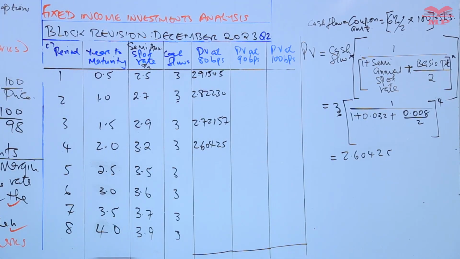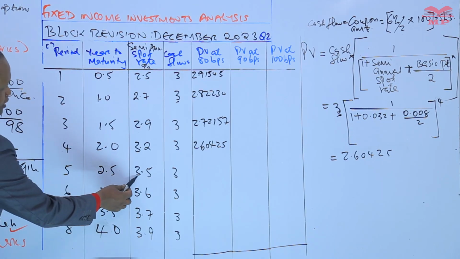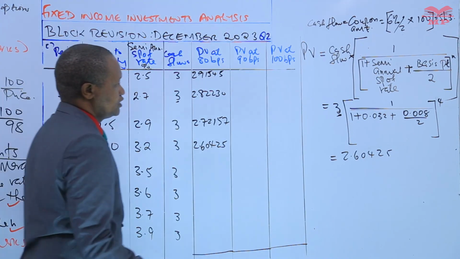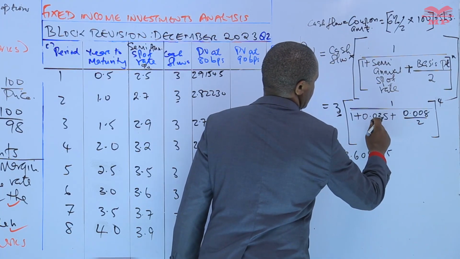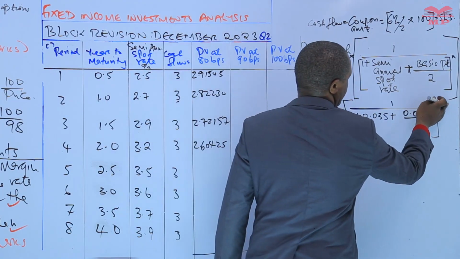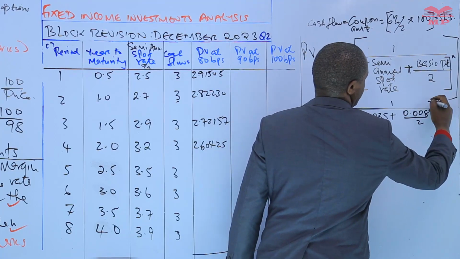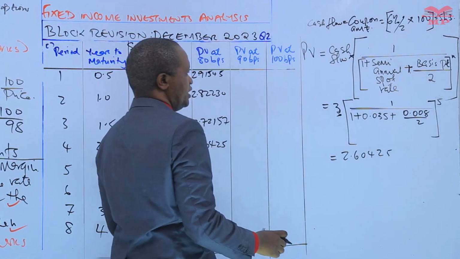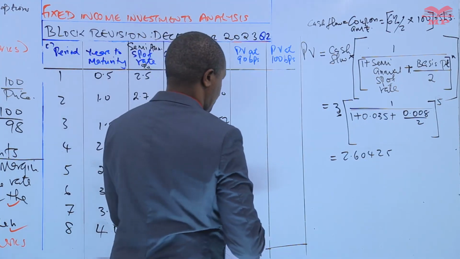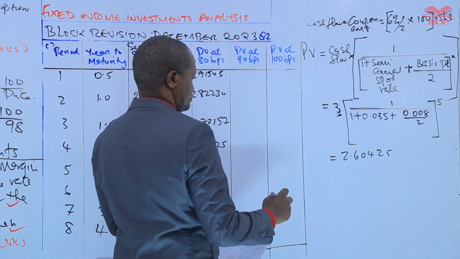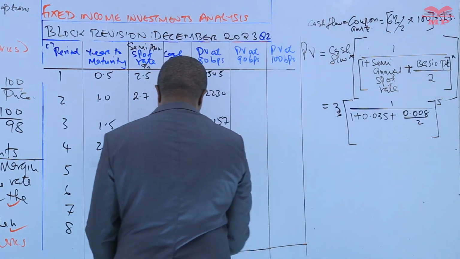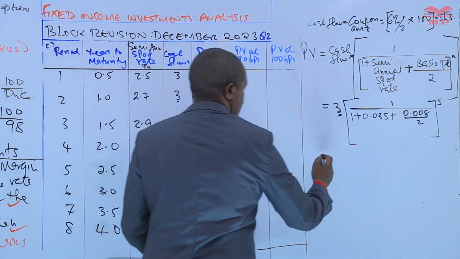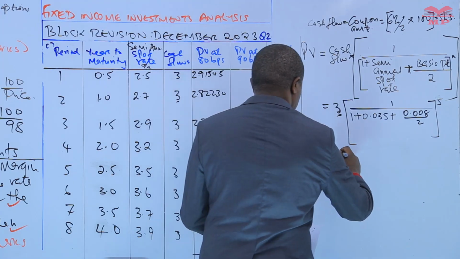Right. Moving on, period 5, the semi-annual spot rate is 3.5%. So we change to 0.035. The period is 5. The basis points remain. I hope you are confirming these figures, candidates.